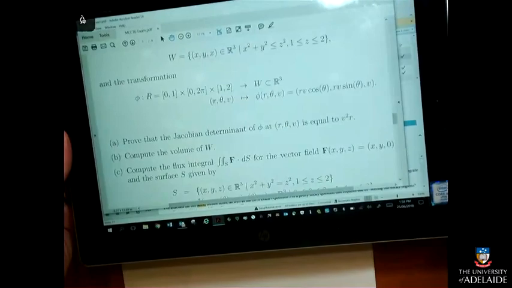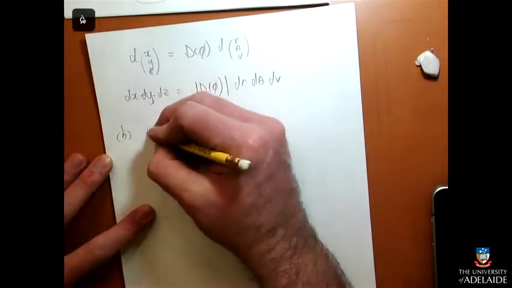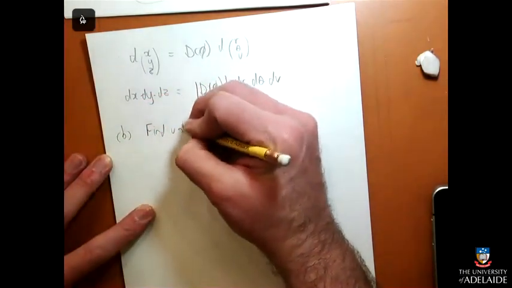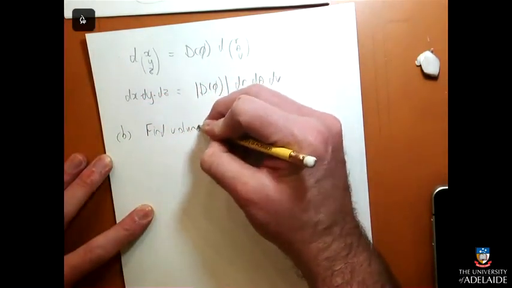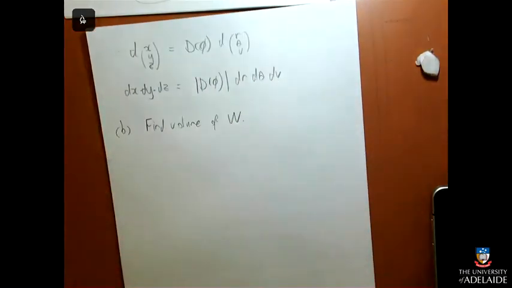Okay. Compute the volume of W. Okay, so I know that if I integrate a function across W, W is already a volume, and if I integrate numbers across a volume, I get the next dimension up, and that would be a 4-dimensional thing.